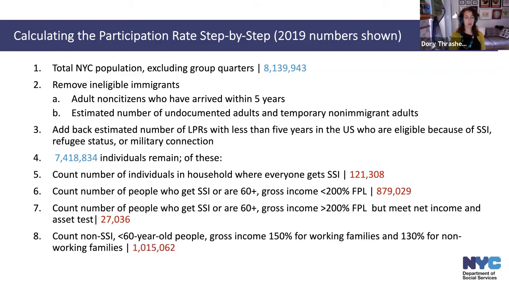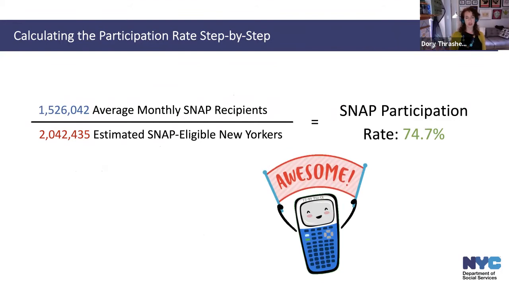And then we count the working adults and children who do not get SSI, who have family incomes of 150% of poverty for those who work and 130% for those who do not work, which is another about 1 million people in New York. And then we just add up all those red numbers for about 2,042,435.